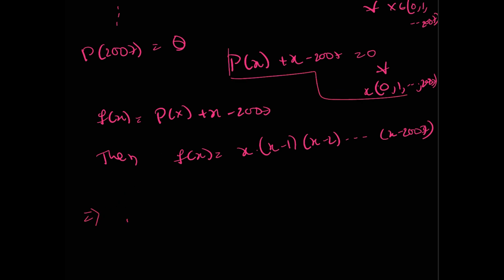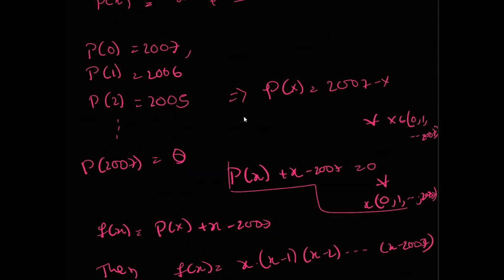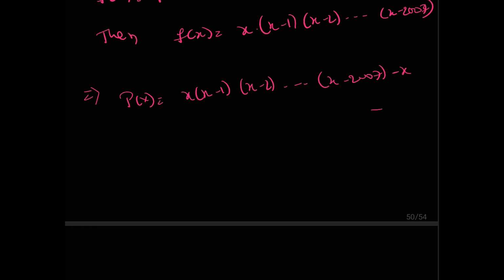That implies p of x equals to x into x minus 1 into x minus 2 and so on up to x minus 2007, minus x plus 2007.